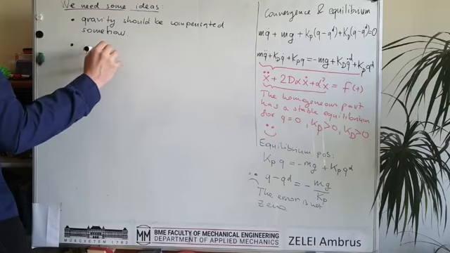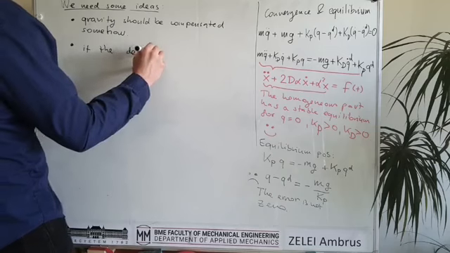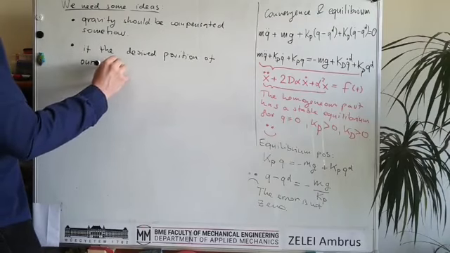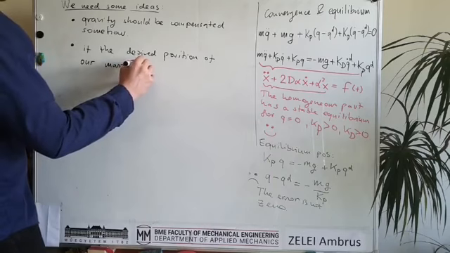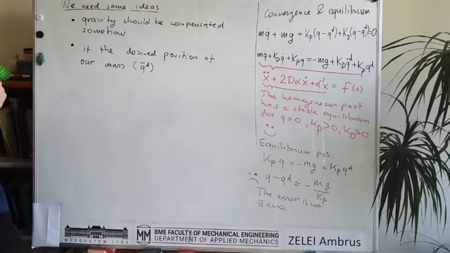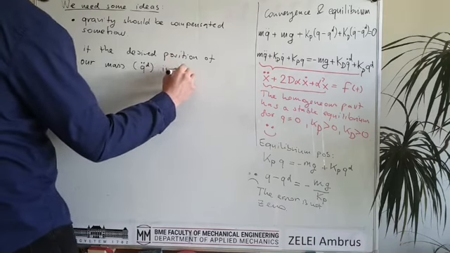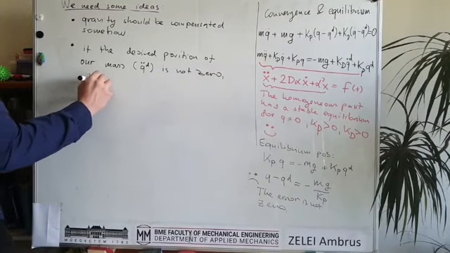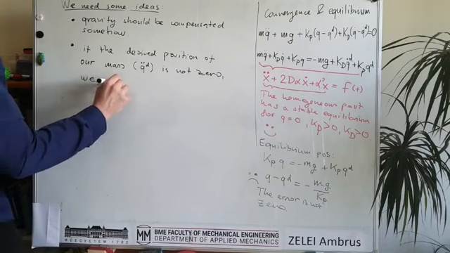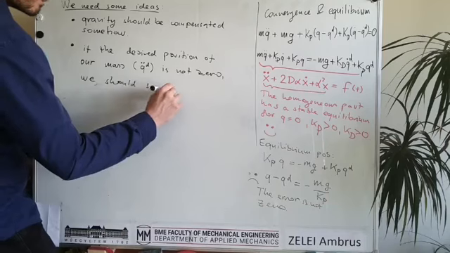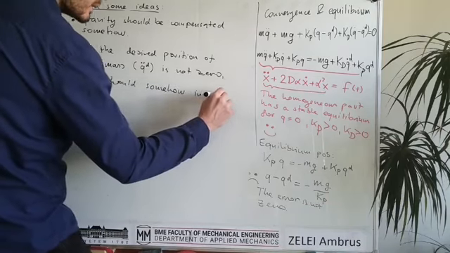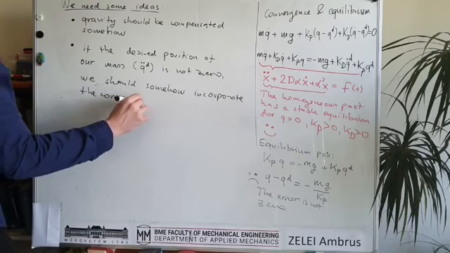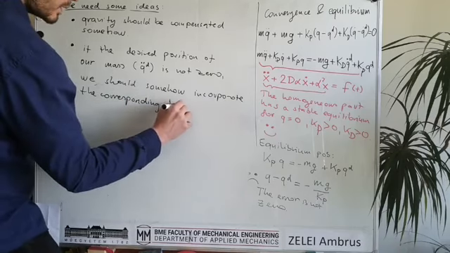So if the desired position of our mass is accelerating, which means that q desired double dot is not zero, we should somehow incorporate the corresponding force in the control law.